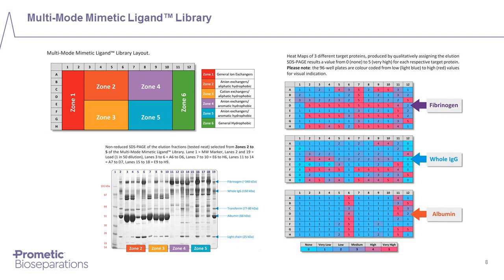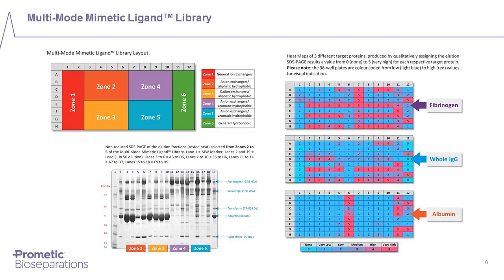Just to give you an idea of how well it works, on the bottom panel, the SDS-PAGE image there is all the proteins from plasma, human plasma in this case, that bound to several of the adsorbents that are on that plate. And you can see that the profile of bound proteins changes a lot from one to the other. This is to demonstrate that there is pretty much a ligand for any kind of protein that you want.